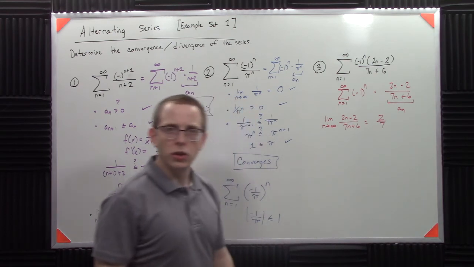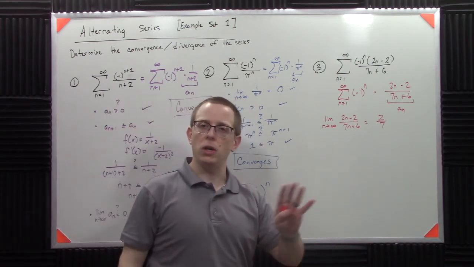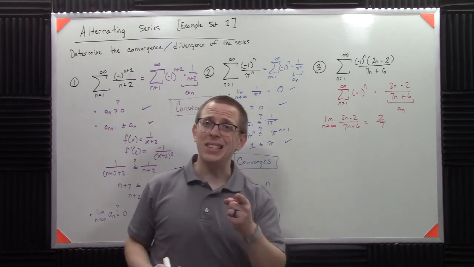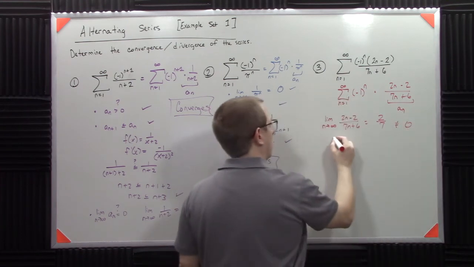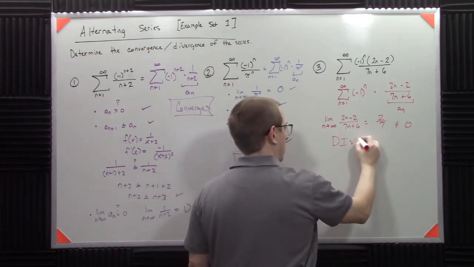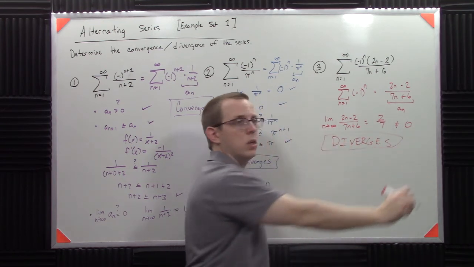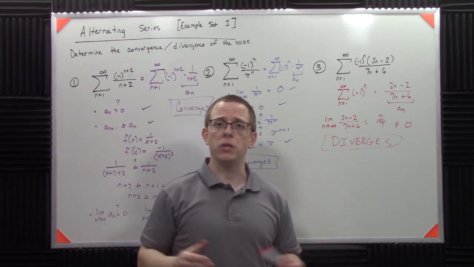If you do that, you're going to get 2/7, right? L'Hopital's rule or factoring, I'm sure you can do this by this point. 2/7. That's not 0. So this, my friends, diverges by the nth term test for divergence.